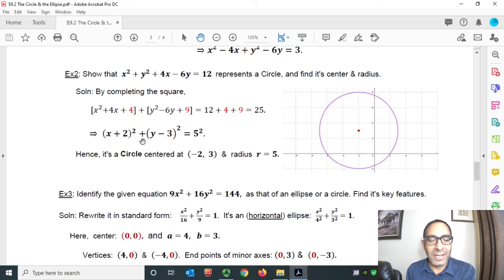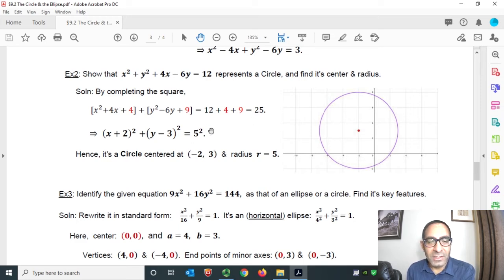Then in the next line, since these 3 terms become a binomial squared, x square plus 4x plus 4 is x plus 2 outside is square. Similarly, y square minus 6y plus 9 becomes the binomial y minus 3 squared, equals 25, which is 5 square.